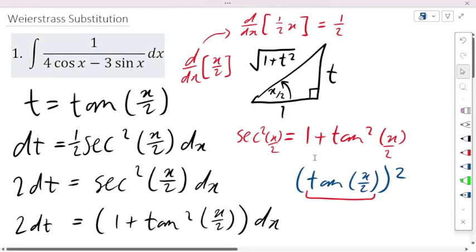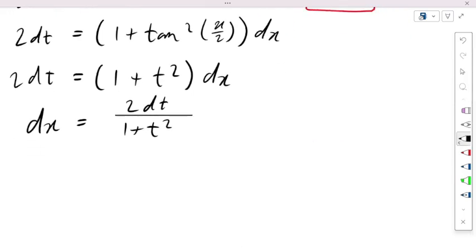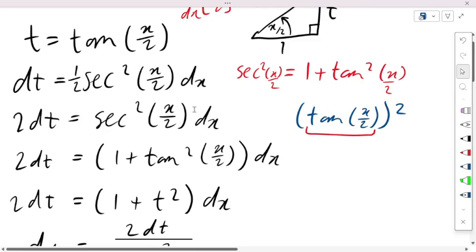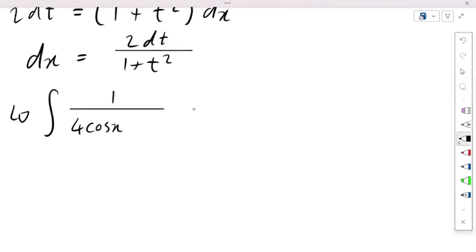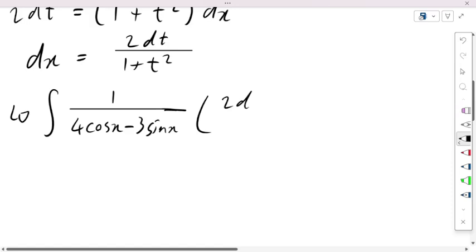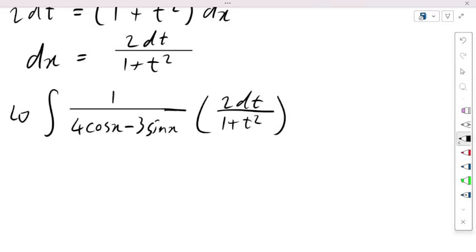So we are going to have the integral of 1 divided by, it was 4 cosine of x minus 3 times sine of x, like so. And then remember, we add dx, which is equal to 2 dt over 1 plus t squared.